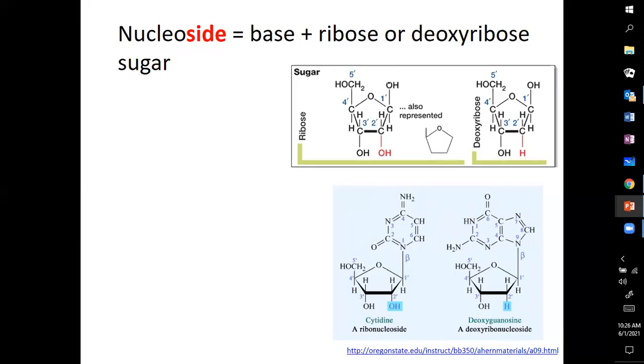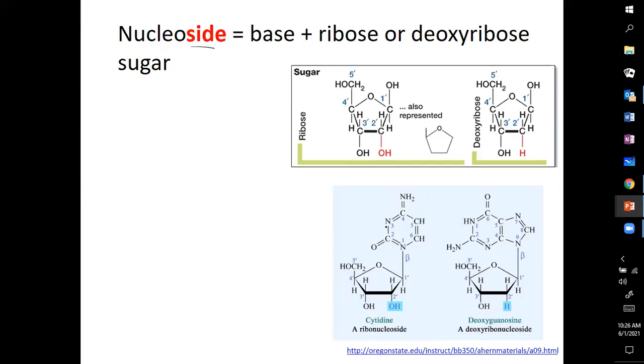The base comes in and attaches to this 1' carbon and the hydroxyl goes away. Here's a pyrimidine attached through this nitrogen to the 1' carbon, and here's a purine attached to the 1' carbon. Here's a deoxy, here's a ribose. So the nucleoside is the base plus the ribose or a deoxyribose.